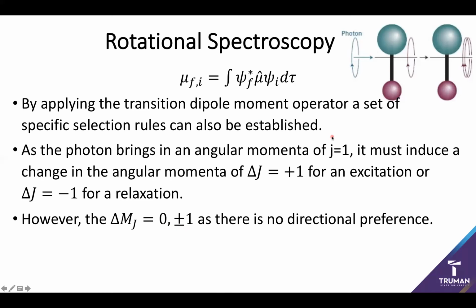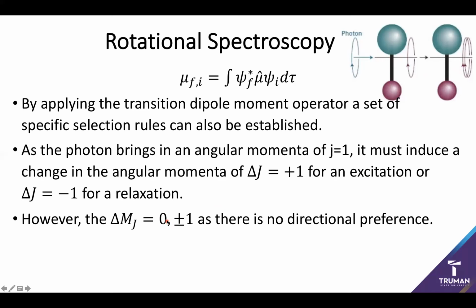For example, if the molecule is already pointed up and it absorbs a photon to increase its speed pointing up, that would be a +1. If the molecule is stationary and then absorbs a photon going in the counterclockwise method, we'll have a decrease in the angular momentum in the z-axis. Or the photon could come in a completely different direction, like the x or y plane, which results in no change of the magnetic moment.